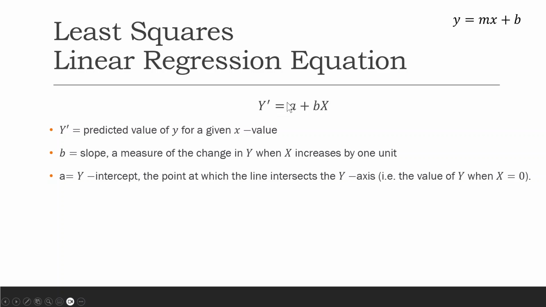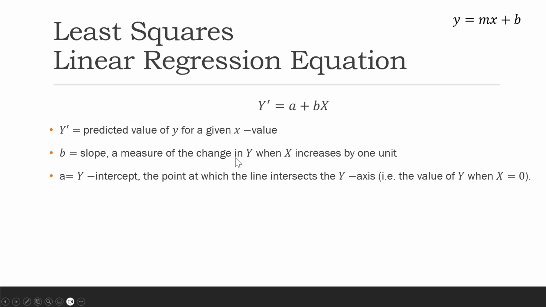This a here is going to be replaced by a number that stands by itself. And this b is also going to be replaced by a number, and it's going to be multiplied by your x. That value b is going to be your slope. So whatever the slope of that line is, it is multiplied by x in the same way that m is in your regular equation of a line.